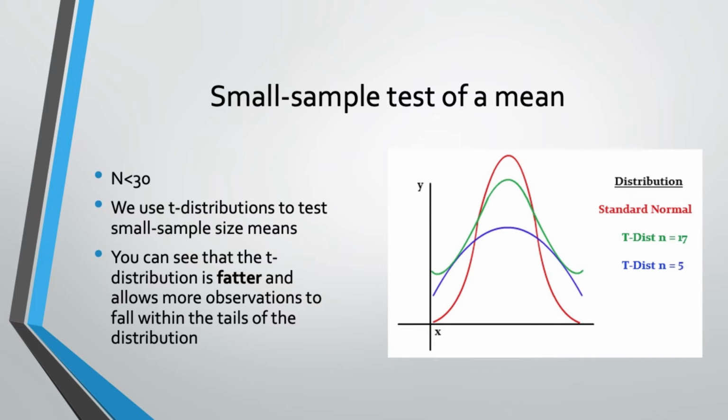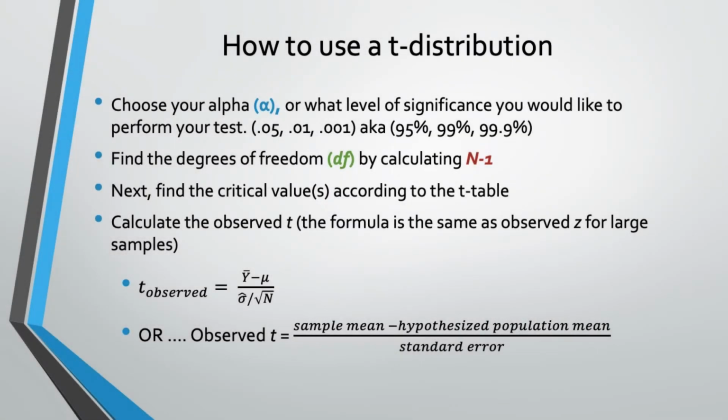There's just one minor detail that we have to discuss. So as always, you would choose your alpha, what level of significance or confidence you would like to work with. You have to find the degrees of freedom. That is the one thing that is unique about the t-distribution. Degrees of freedom are simply denoted by your n, your sample size, minus 1.